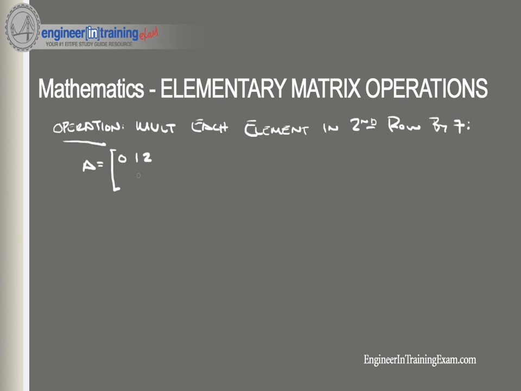So once again, we want to first find E. To find E, we need to do the operation to an R by R identity matrix.